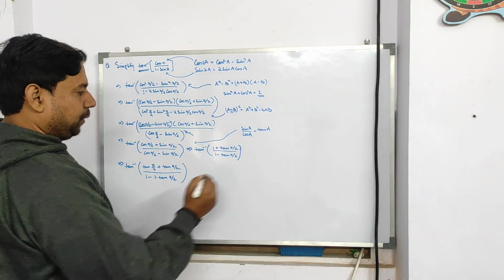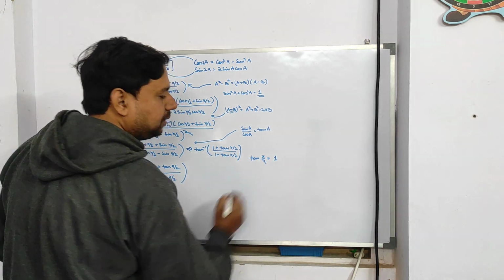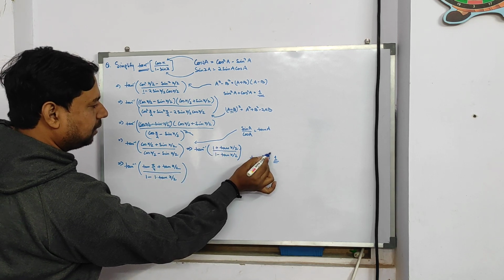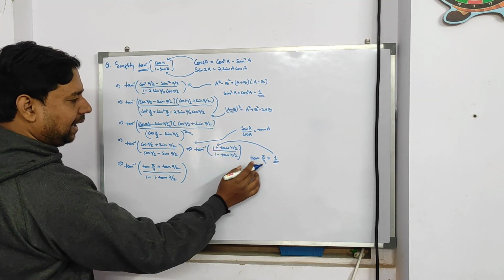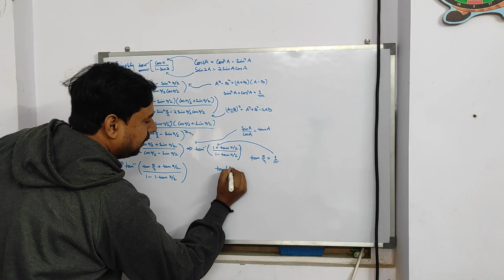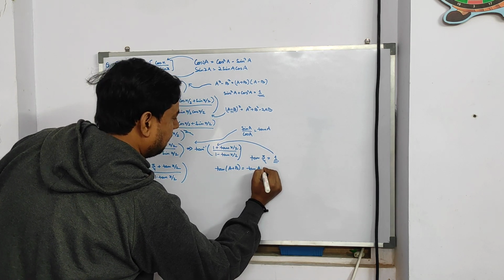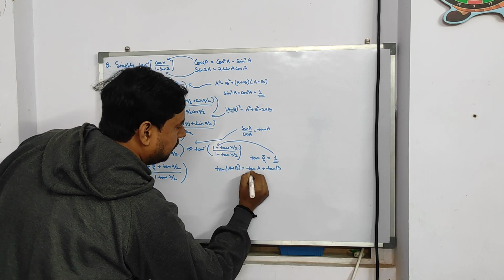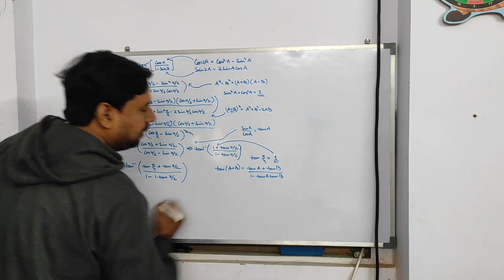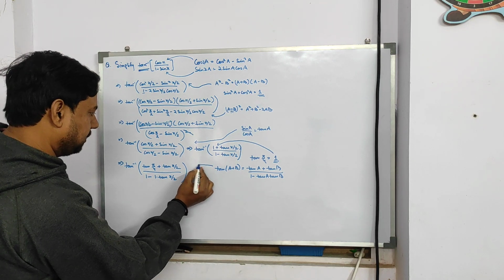Okay, we know that tan pi by 4 is 1, so we have replaced this 1 as tan pi by 4. Now we know that tan of a plus b is equal to tan a plus tan b upon 1 minus tan a tan b. This is the identity. Now we use this here.